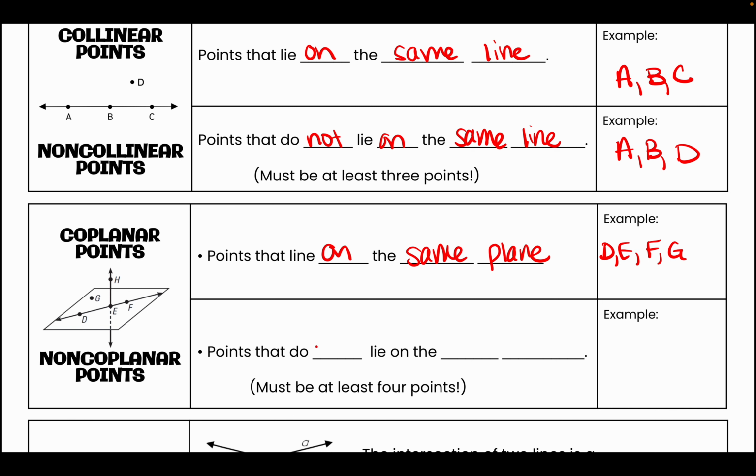Non-coplanar points are points that do not lie on the same plane. So examples of this would be any of these points and the point H. So we need at least 4. So we know that one of the points has to be H because H is off the plane. So then we could say G, D, and F.